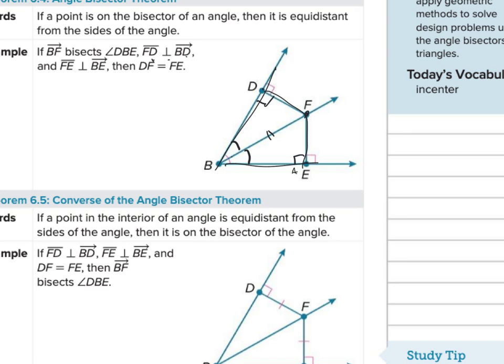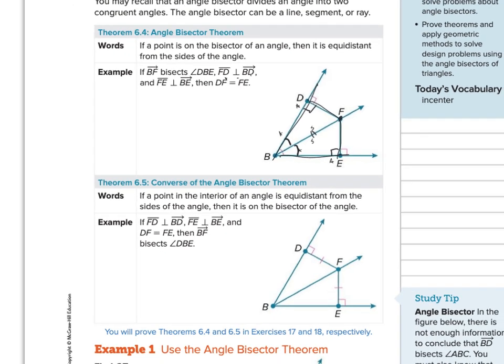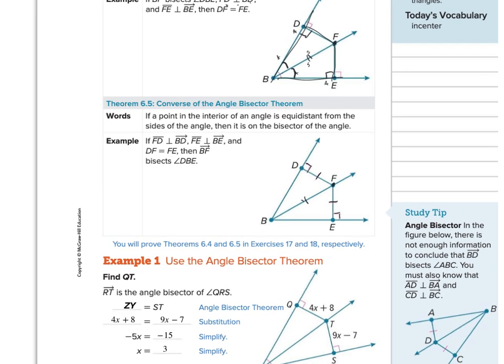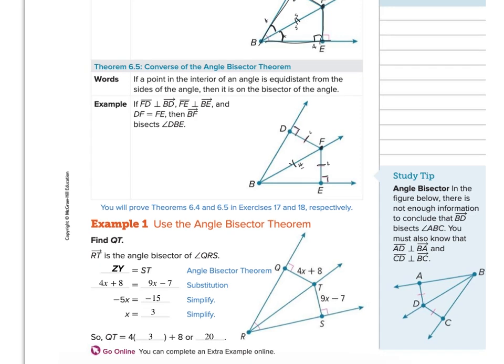And then the converse to that, they're saying that if a point in the interior of an angle is equidistant from the sides, so if F is equidistant from the sides, then it's the bisector of the angle. Of course this is equal to itself, and we would have hypotenuse leg to be able to use that, because this would be my hypotenuse, this would be my leg, and of course this would be my leg and my hypotenuse for the other triangle.